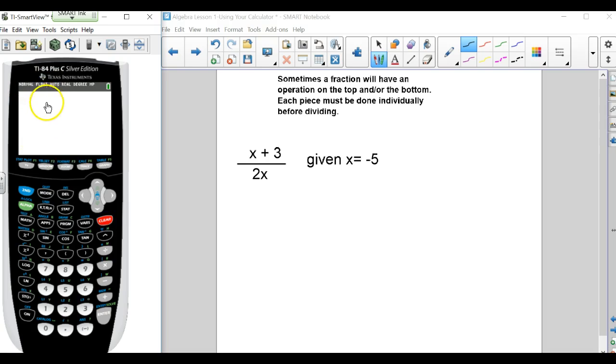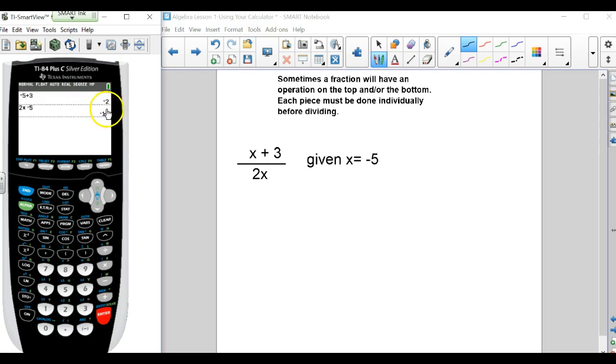Go ahead and clear your screen, and then let's go ahead and do the top. It's going to be negative 5 plus 3. Hit enter. And now the answer for the top is right here, negative 2. The bottom is 2x, so it's going to be 2 times negative 5, and hit enter. So here is the answer for the bottom.